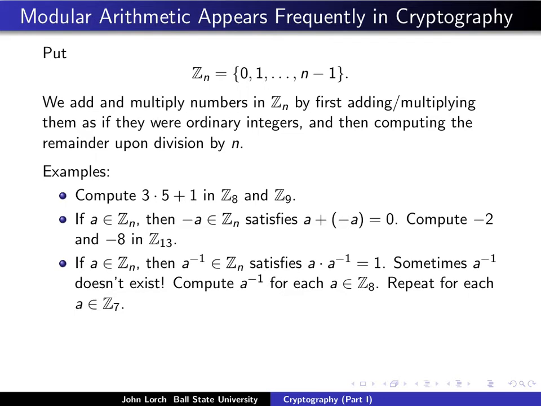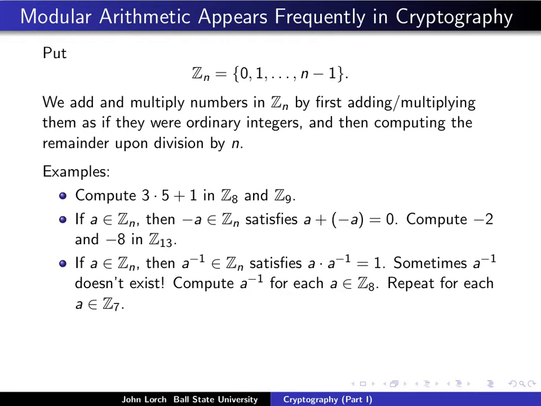Now, you might remember from our discussion of error-correcting codes that finite arithmetic was very important. In fact, this allowed us to develop the notion of a linear code, which helped us automate a lot of facets of error correction and determining whether a string is a code word and things of that nature.